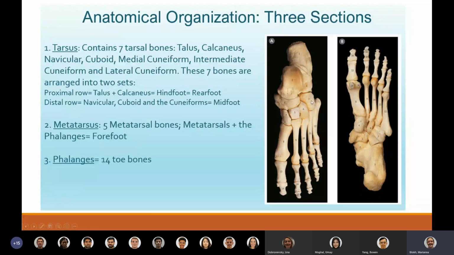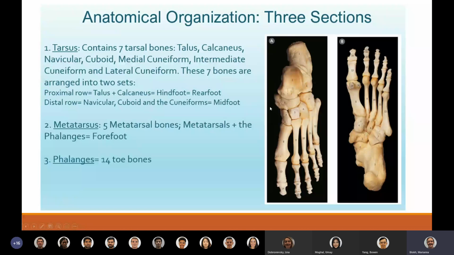So 7 bones arranged in 2 sets. You have your proximal row, the row closer towards the body, which is your talus and your calcaneus, termed the hind foot or the rear foot, and the distal row of bones of the tarsus, which include your navicular, your cuboid, and the cuneiforms. Okay, and that's basically your midfoot.